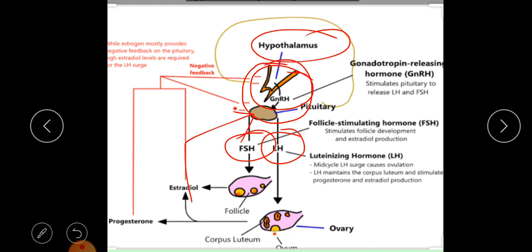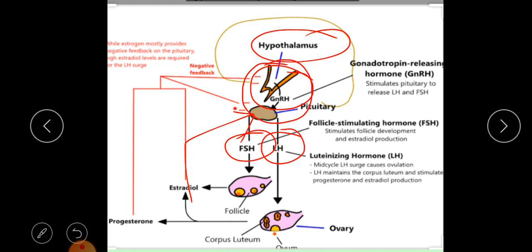In fact, an increase in estrogen creates the surge in LH, as we just discussed. When estrogen acts directly on the pituitary gland, the release of LH and FSH increases, and it creates the surge in LH, the luteinizing hormone, at mid cycle ovulation, on the 14th day of the menstrual cycle.